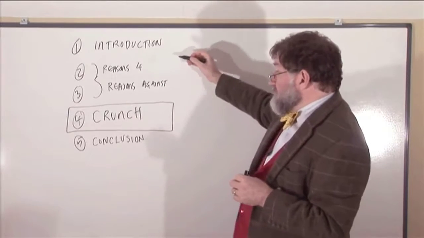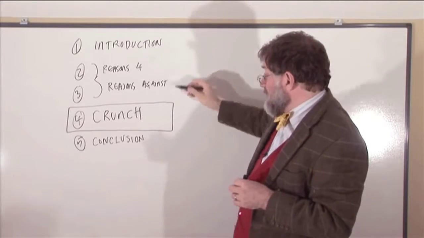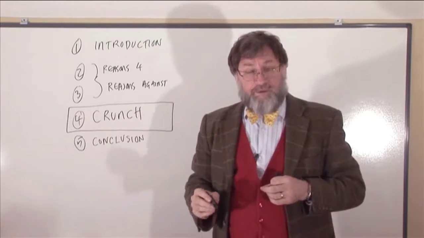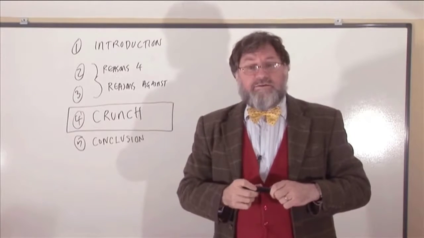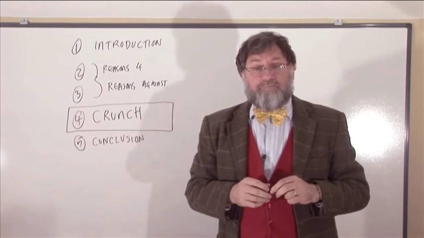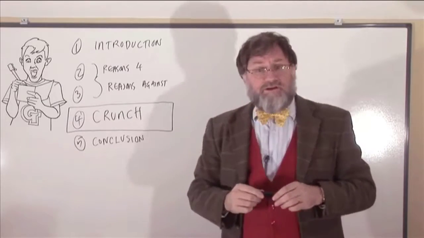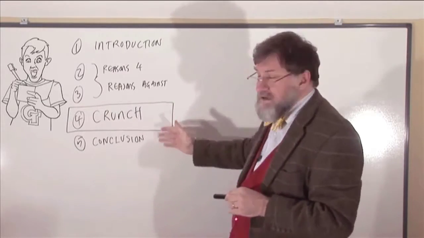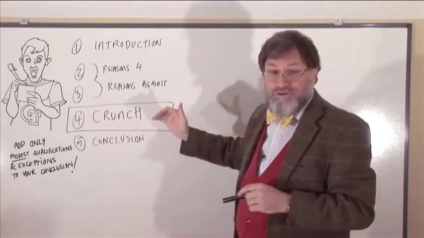Now, a point about length here, just very quickly. Paragraphs 1 and 5 are probably going to be quite brief. In paragraph 1, you establish how you intend to answer the question. Paragraph 5 follows naturally from the crunch. Paragraph 5 is exactly what it says on the bottle. It is the conclusion of all this discussion.